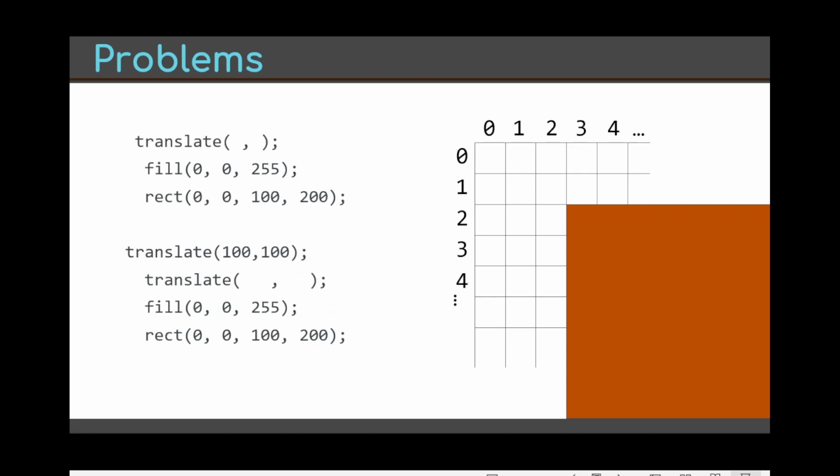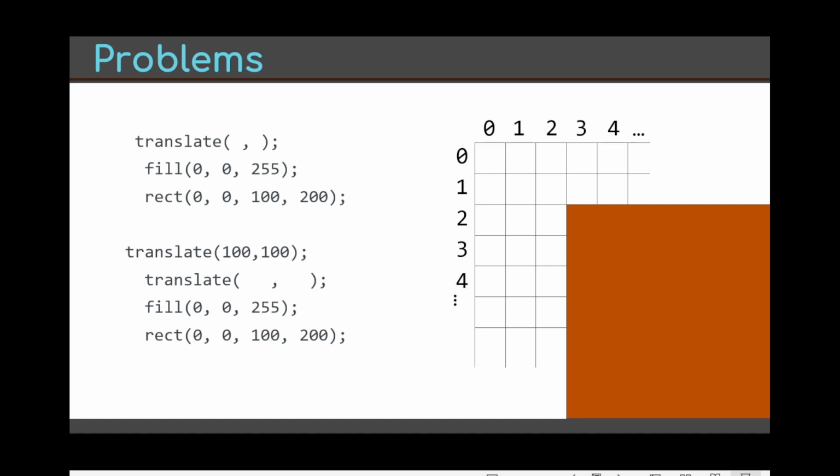All right, so here are some problems we can look at real quick. Here we have a grid. What we want to draw is this orange rectangle. We want to make sure to draw it at values 2, 3. I'm sorry, 3, 2.